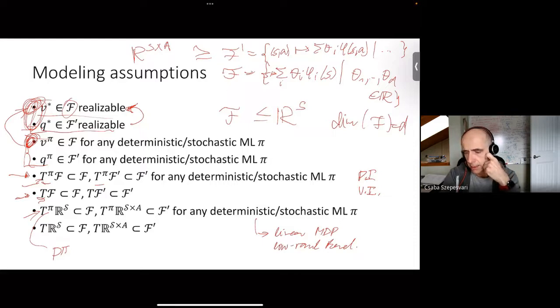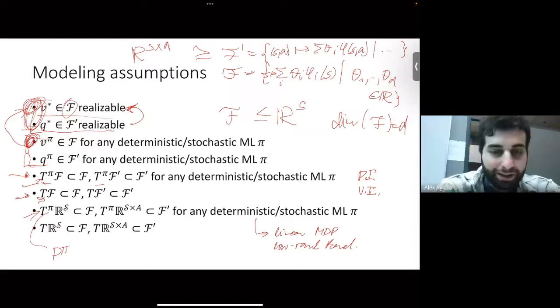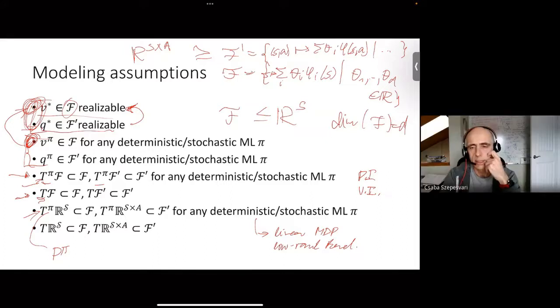Are there any other nuanced differences between linear MDP and a low rank kernel, or are they the same in their definitions? There are multiple definitions for low rank kernels. The literature is really confusing, so it's not worthwhile to spend a lot of time on that. You just have to be very clear if you are using any of this: give the definition, and call it whatever you want.